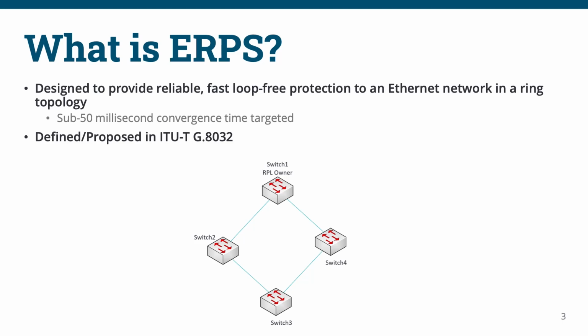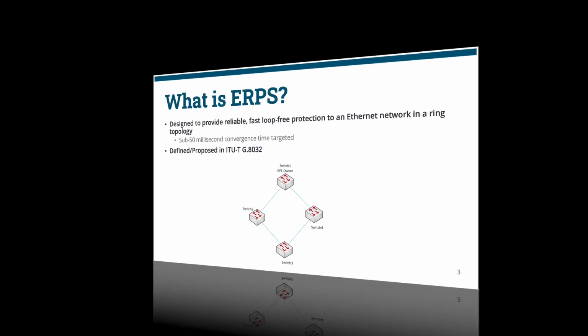Trees are not supported. However, it's possible to create complex ring topologies with main rings and subrings, though those more complex topologies are not covered in the JNCIS ENT. I'm sure you're wondering, how does ERPS provide such fast failover? Well, let's take a look.